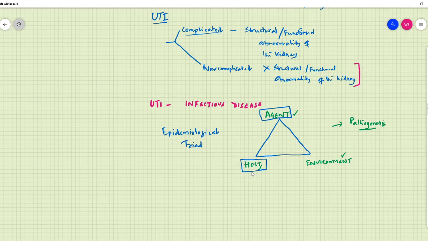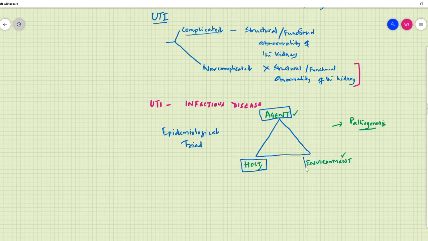If the host is having highly risky sexual behavior, and that behavior is modified, then the risk of that person having UTI decreases, because sexual activity is one of the risk factors for the infectious disease, the urinary tract infection.